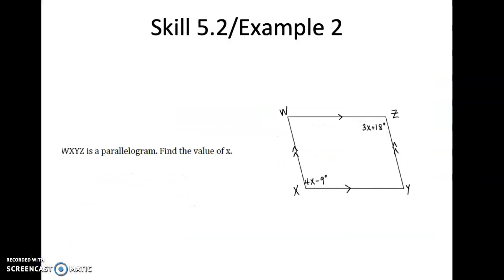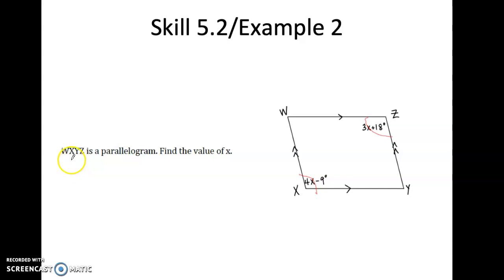All right, the next type of problem that you're going to see are sort of the algebraic variety. Now, the good news is if you already know the property very well, I like to write down the property. So we have angles here that are marked. That's what these are referring to, not sides.